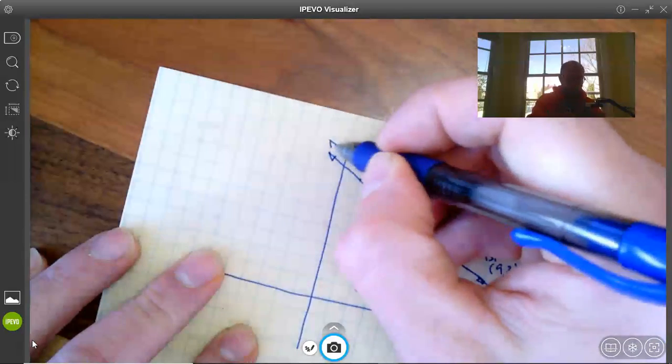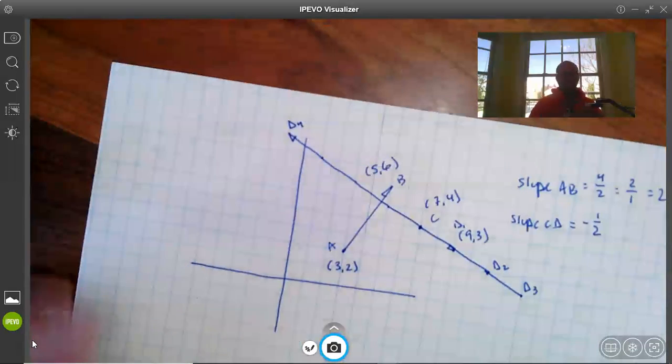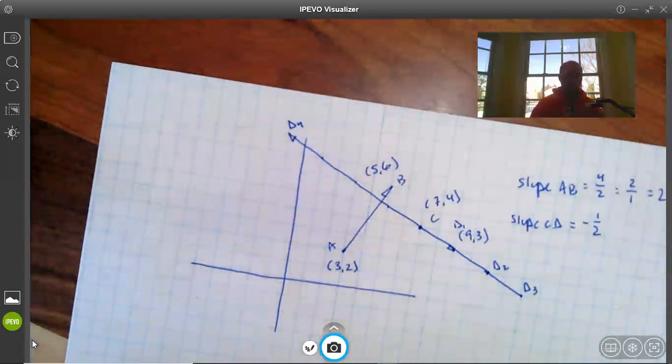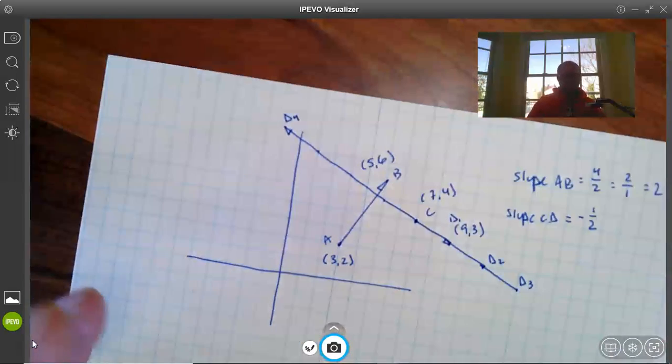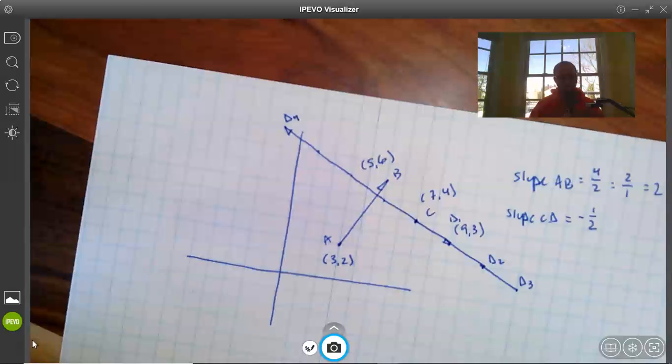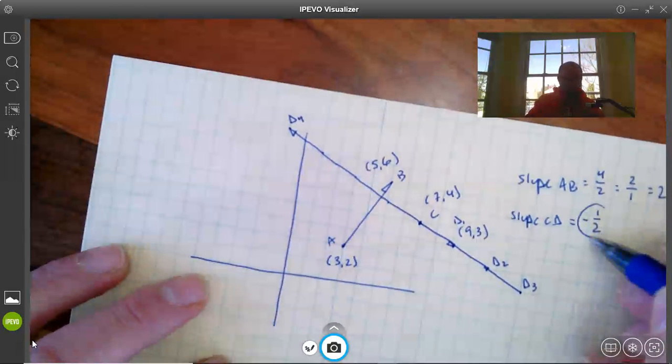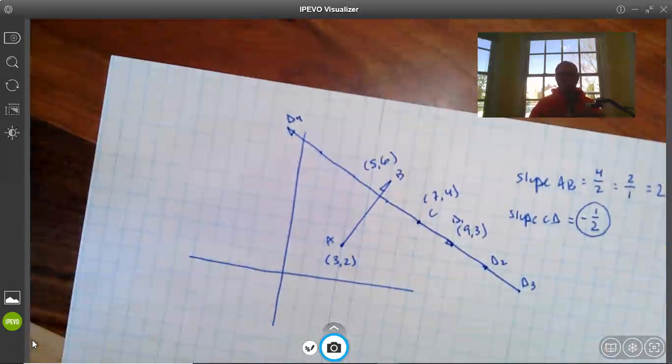Call this D4. Any of those. In fact, any point, it doesn't even have to be a lattice point. I could pick any point on that line, and the vector that goes from C to that point will be perpendicular to the original, because its slope will always be that -1/2, the negative reciprocal of the original.